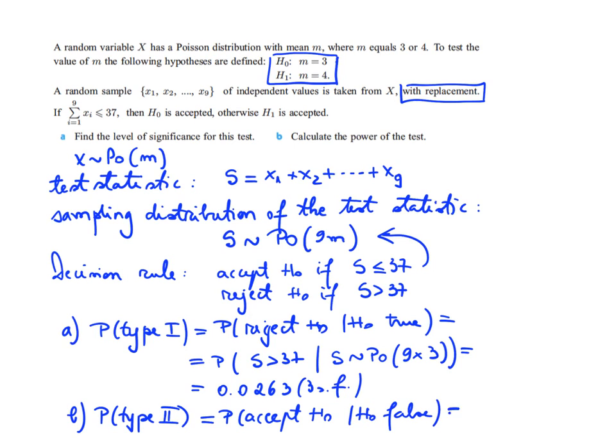So that would give me the probability of S less or equal than 37 given that S is Poisson of 9 times 4 this time, which would give us 0.608714. Therefore, the power of the test is 1 minus the probability of a type 2 error, which gives me 0.391 to 3 significant figures.